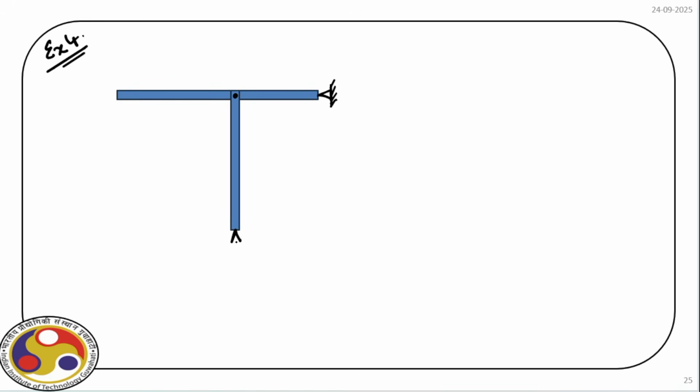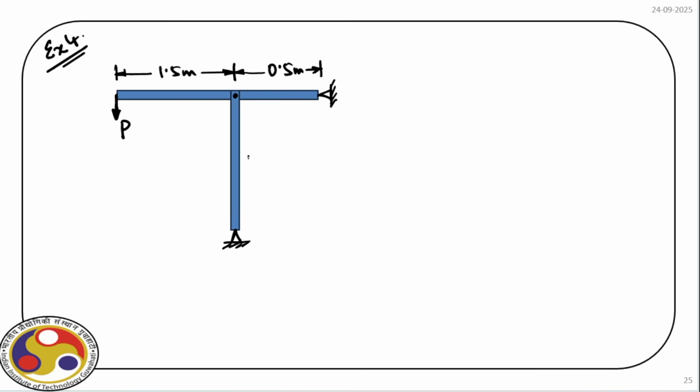The column is also having a hinge at the bottom. Now, this distance is 0.5 meter and on the other side we have 1.5 meter. There is a point load acting downward. So this is P.